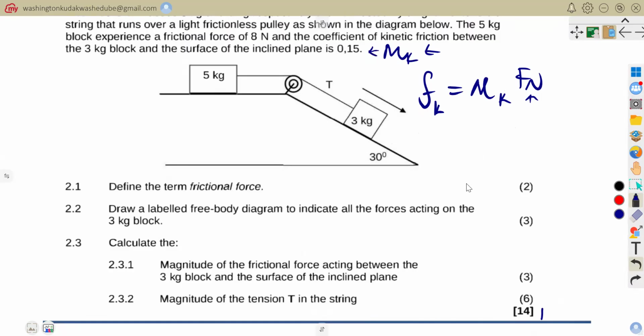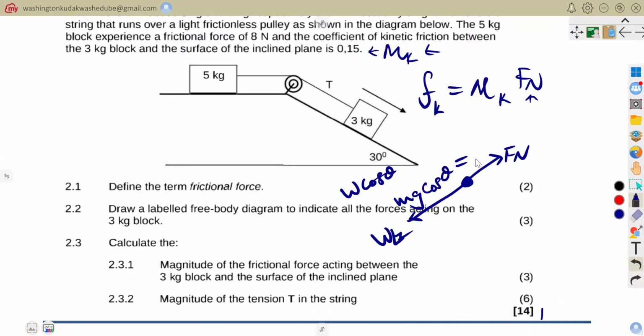But on our diagram, we said this normal force is balanced by the perpendicular weight component, where this perpendicular weight component is given by mg cos theta, which is just weight cos theta. So since these two are balanced, this is also equal to that.